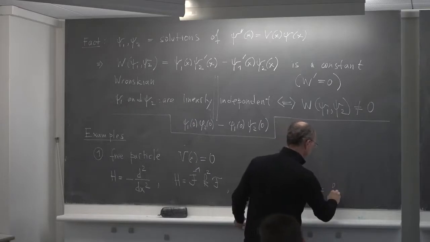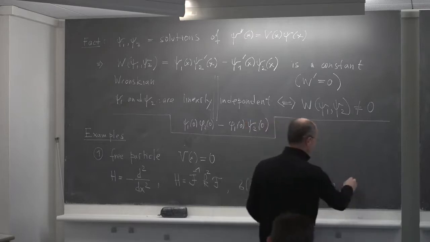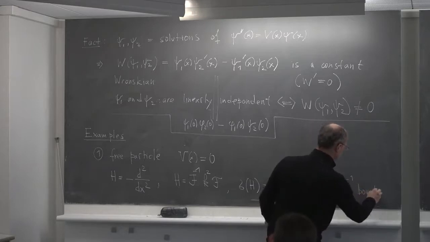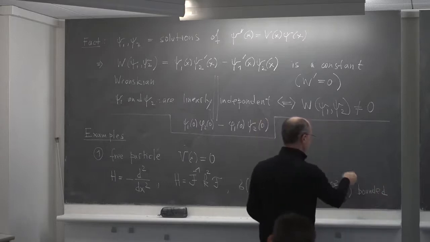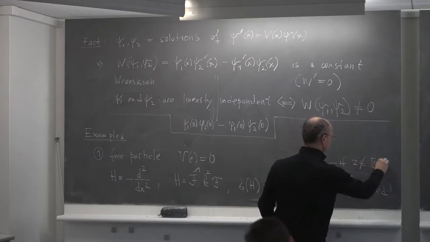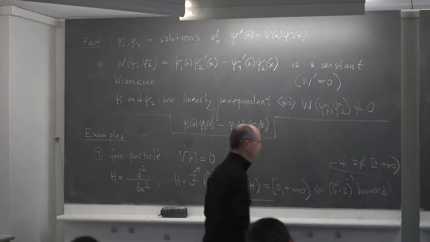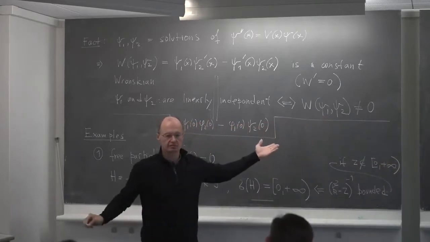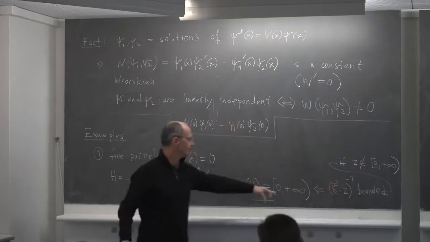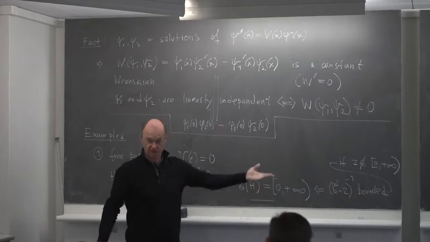That's because k squared minus z, inverse, is bounded if z is outside 0 to plus infinity. And that's what we need. If we are not in the spectrum, we should be in the resolvent set.